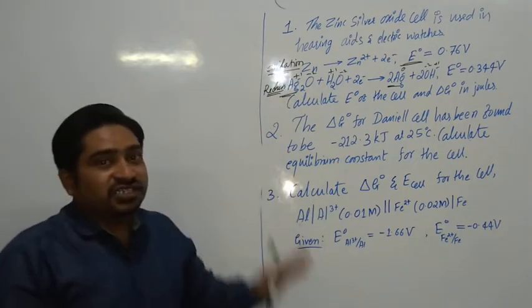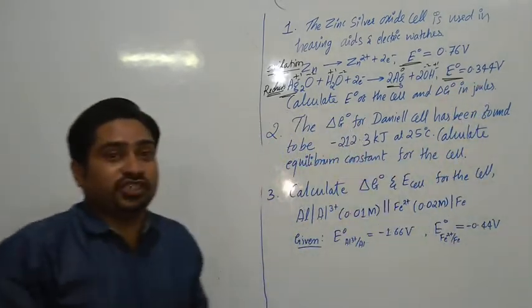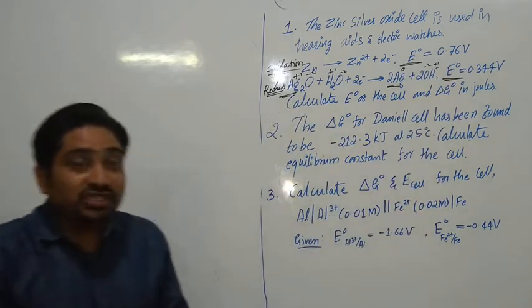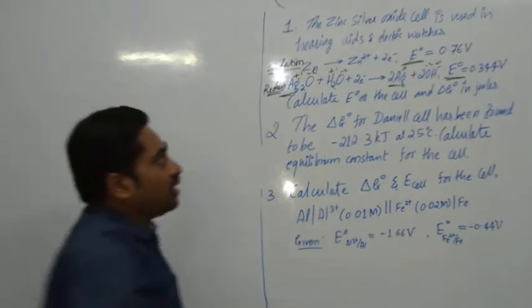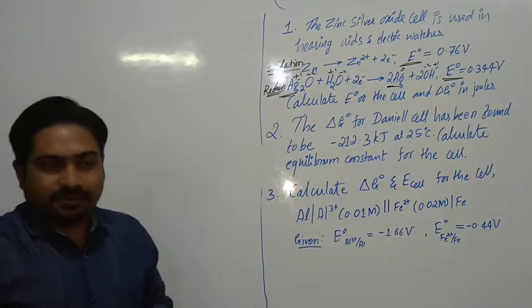If the given reaction is a reduction reaction, the given potential is what? Reduction potential. And they have also mentioned the degree sign, which means standard reduction potential, and the other value is the standard oxidation potential.